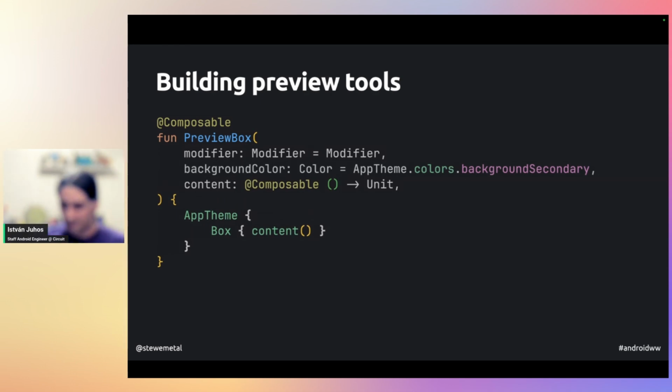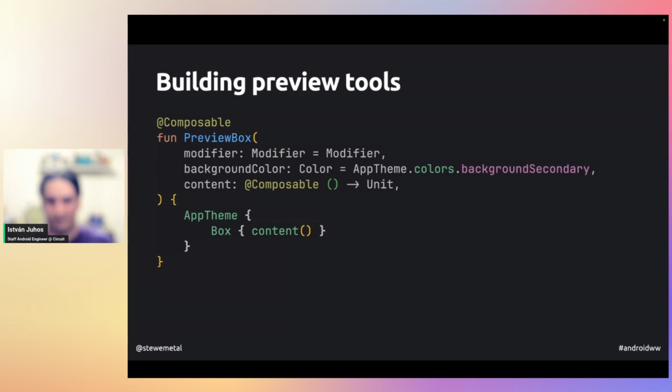Why not? We're in a composable function. We're just writing normal composables at this point. And we can set a background color on that box. With this approach, we can circumvent the limitations of the preview annotation and start building our own in-composition stuff there.